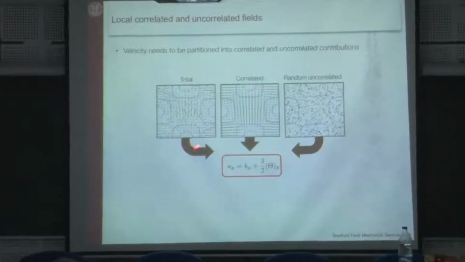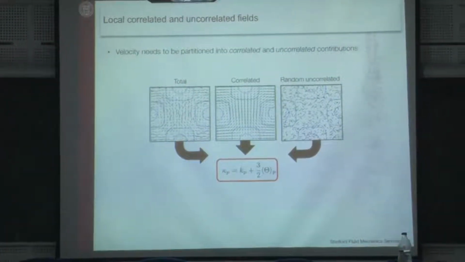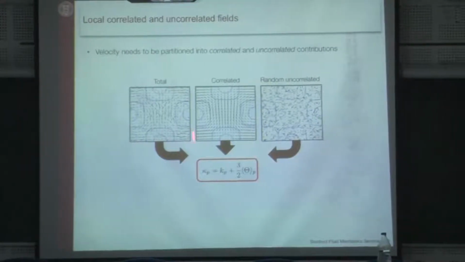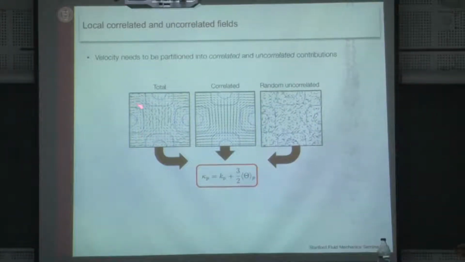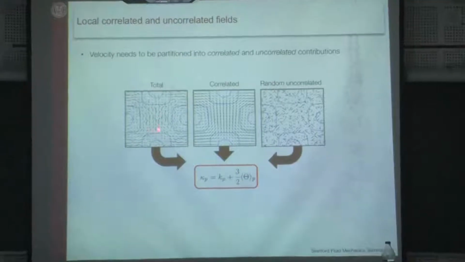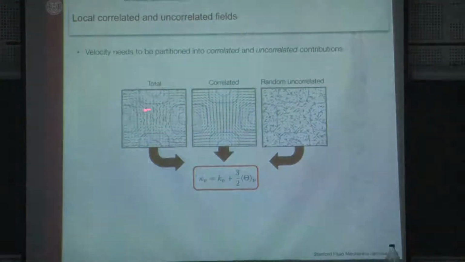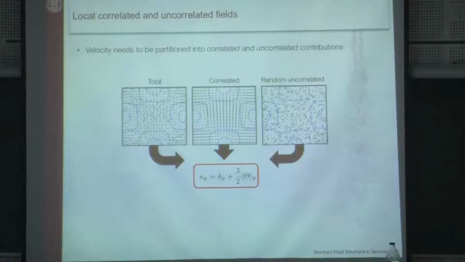So this is kind of an example of this. Imagine I have this random field of velocity that has some randomness and some organization. Okay? I'm going to be interested in separating the correlated motion from the uncorrelated motion. Imagine I have all those particles that share the same location, more or less.